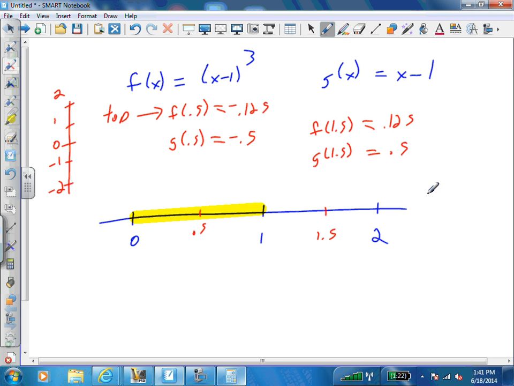So which one of those is on top? G. So if we set up our integral, we would go from 0 to 1, and we would do f minus g. And then our second interval goes from 1 to 2, and in that region, g is the top function.